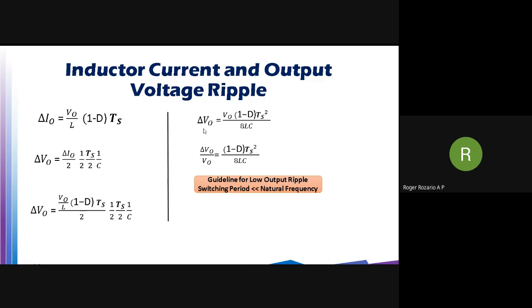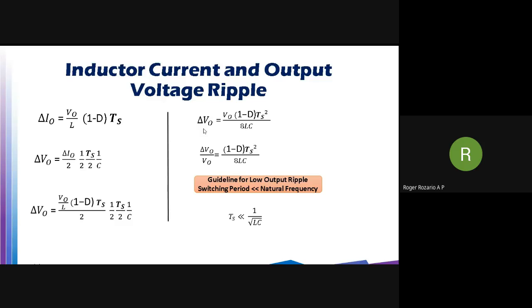So what is the guideline for low output ripple? The switching period Ts should be less than the natural frequency 1 by root LC. So this is the guideline for low ripple voltage. What is the guideline for low ripple current?